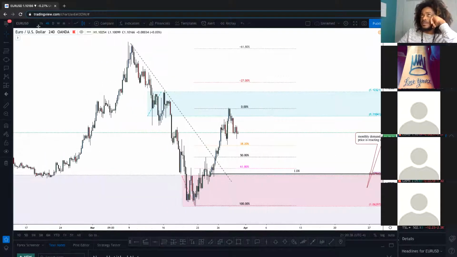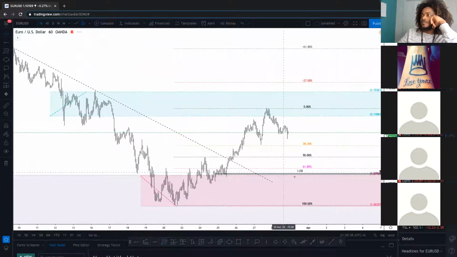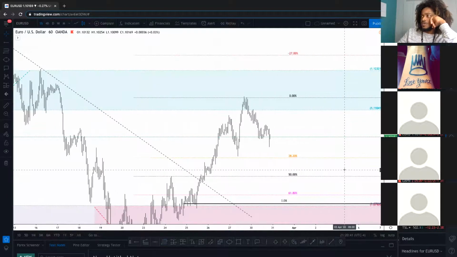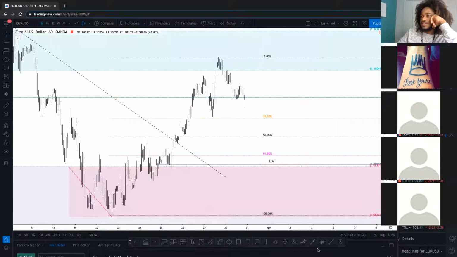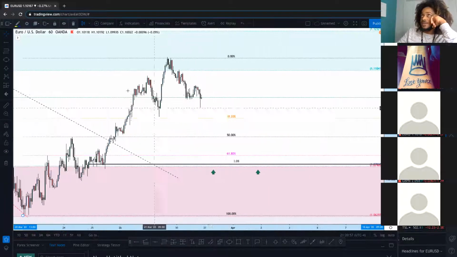Normally when you find zones like these, zones are kind of like magnets for the price. As the price wants to go up, the price wants to find money to go up. So we know the money is down here. So this is going to be like a magnet for our price, right?